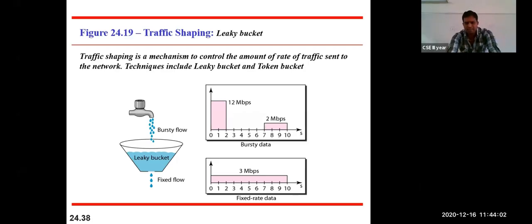You can see the diagram beside the bucket there. You have two diagrams. At some time there was 12 Mbps traffic. At a time there was only 2 Mbps traffic. But now on average, the leaky bucket algorithm has made sure that it is constantly 3 Mbps. Load on the network is shaped by using leaky bucket.